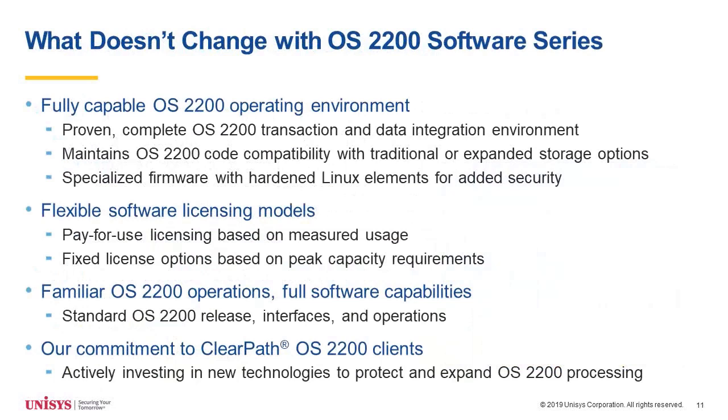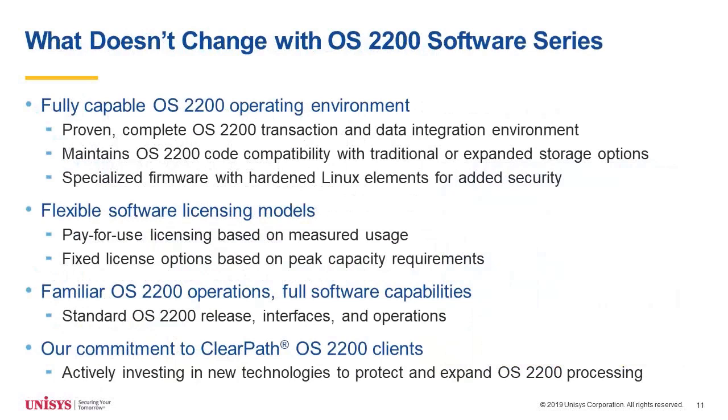Now again, from the outside looking in, the software series implementations may look different, but from the inside, once established, it's all the standard OS 2200 releases, interfaces, and operations. So it'll look very familiar for any of our OS 2200 clients to operate the software series.